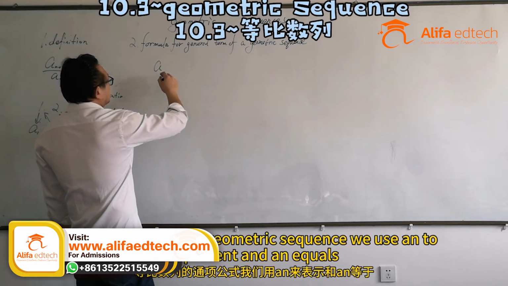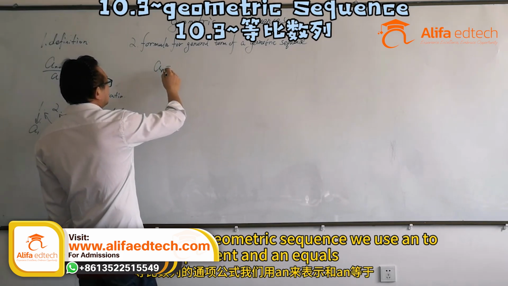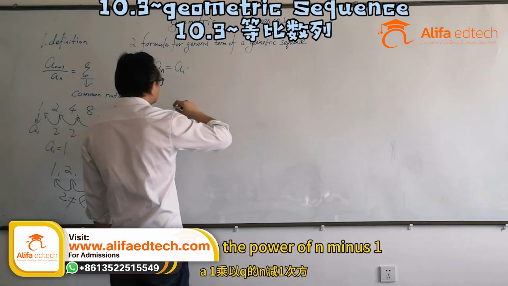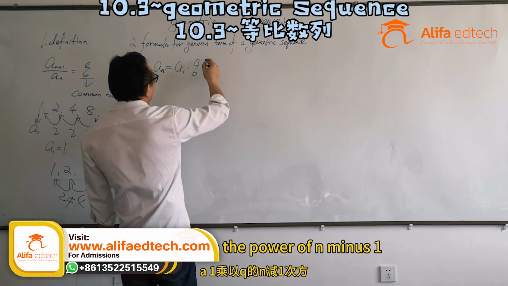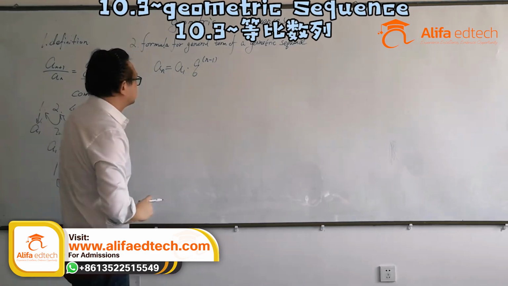General term of a geometric sequence, we use an to represent, and an equals a1 times q to the power of n minus 1.